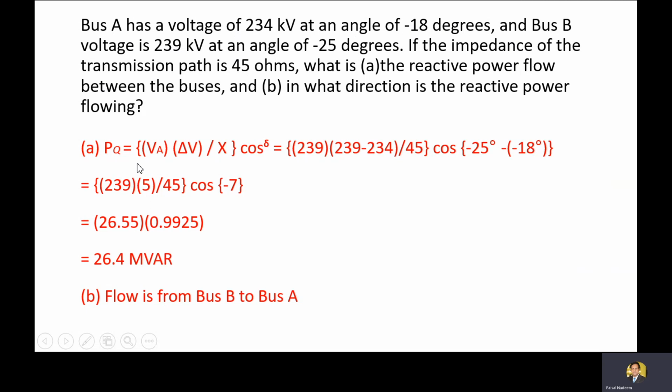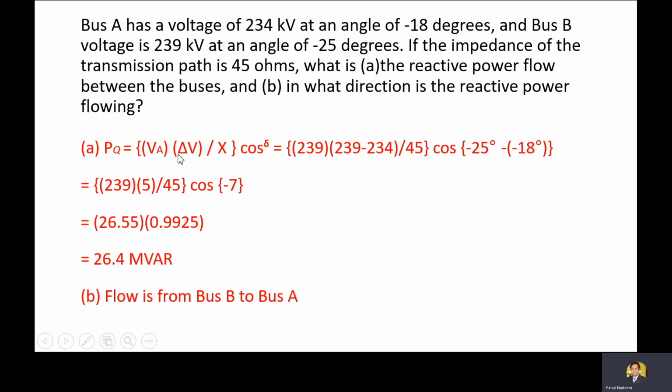So, using the relation of reactive power flow, Q = V × ΔV / X cos δ, where ΔV is the difference in the sending and receiving end voltage, divided by the line reactance X multiplied by cos δ. Now we put in the values: V is equal to 239 kilovolt.